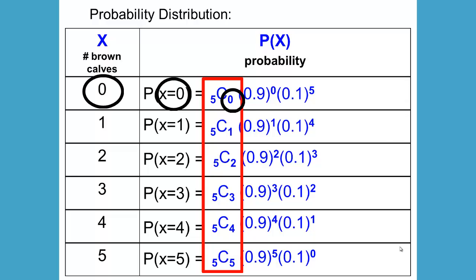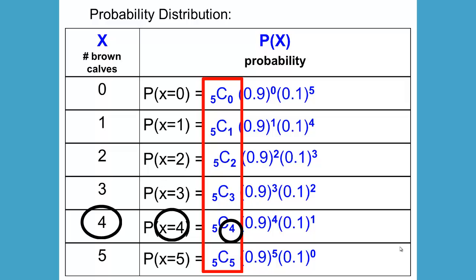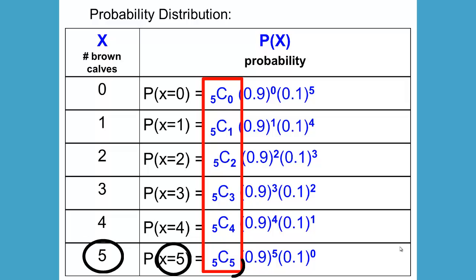The number of ways to have 1 calf was 5 choose 1. The number of ways to have 2 calves was 5 choose 2. The number of ways to have 3 calves was 5 choose 3. The number of ways to choose 4 calves was 5 choose 4. The number of ways to choose for 5 calves was 5 choose 5.